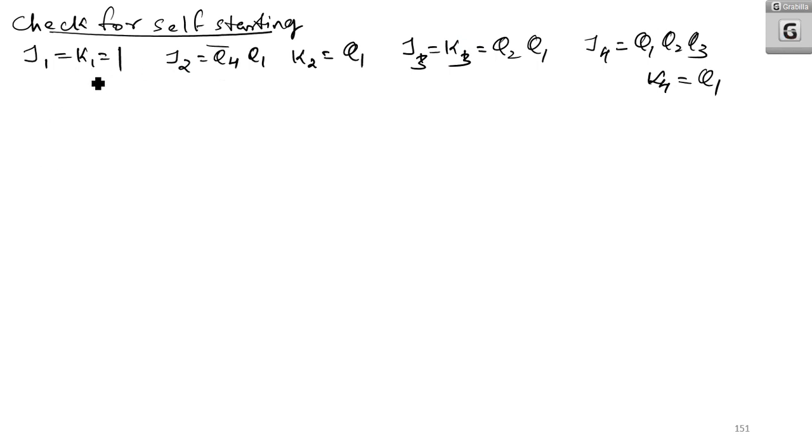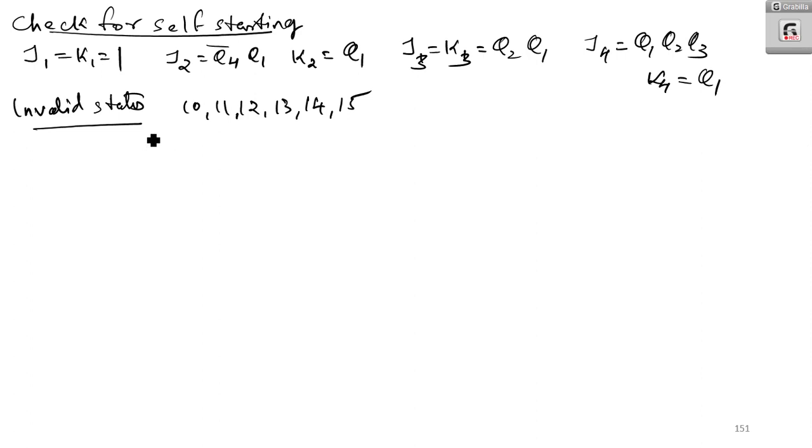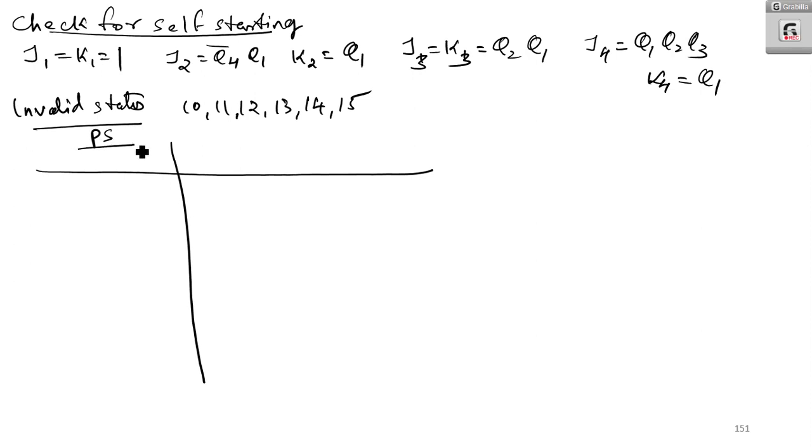Now in this BCD counter, which are the invalid states? The invalid states are 10, 11, 12, 13, 14 and 15. Now let us check for these invalid states in this design. So what is the present state? Present state you can write as Q4, Q3, Q2, Q1.